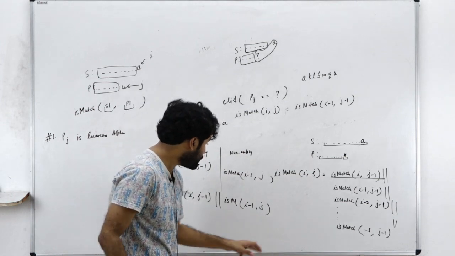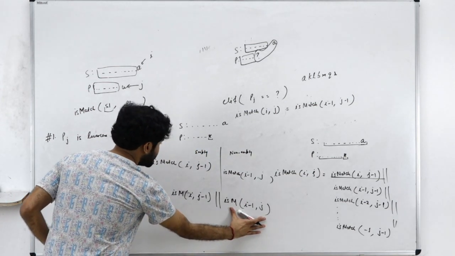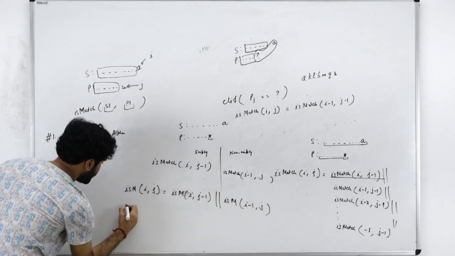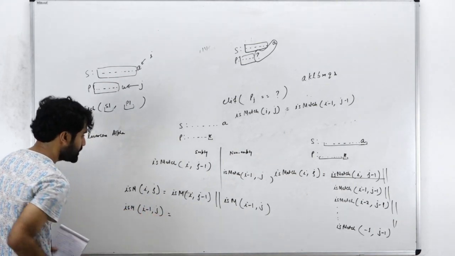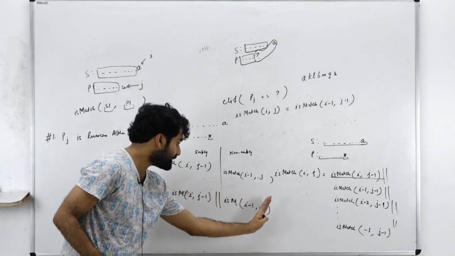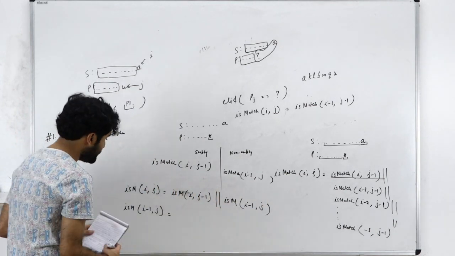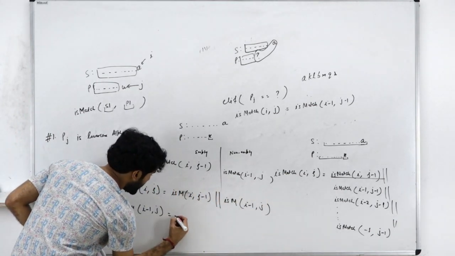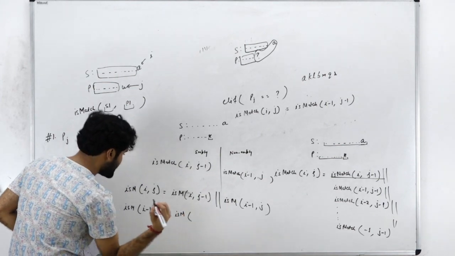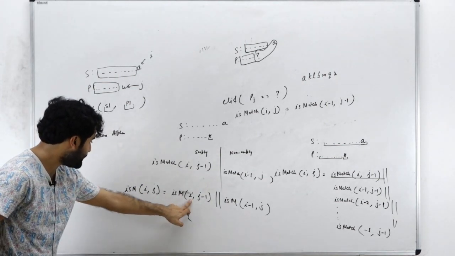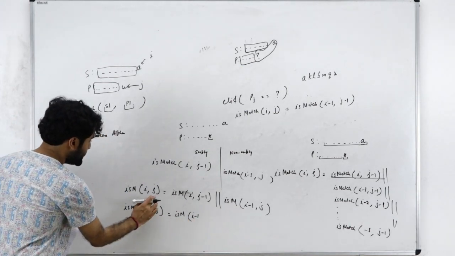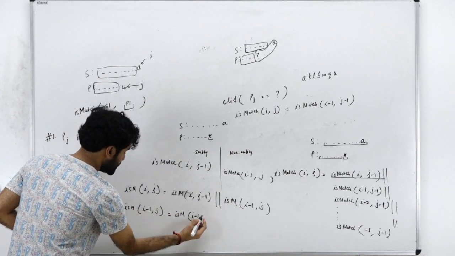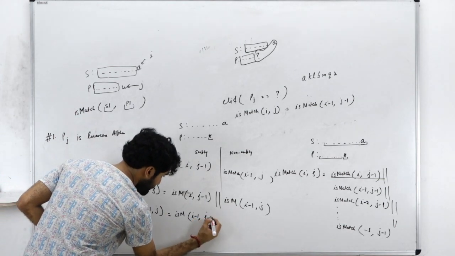So now, how would this be written? If I try to write it for isMatch of i minus 1, j, you will use the same recurrence relation. You will call isMatch of i minus 1 over here, and j got decremented by 1 unit, so the j will get decremented by 1 unit here also.